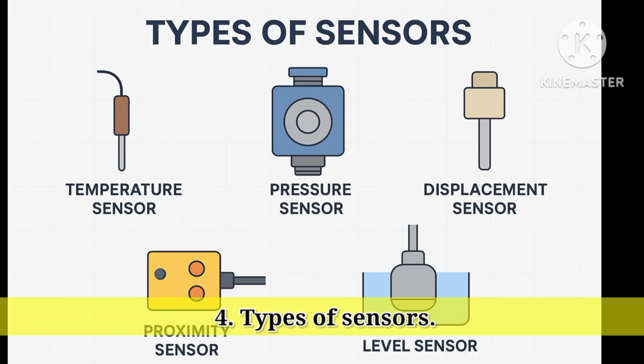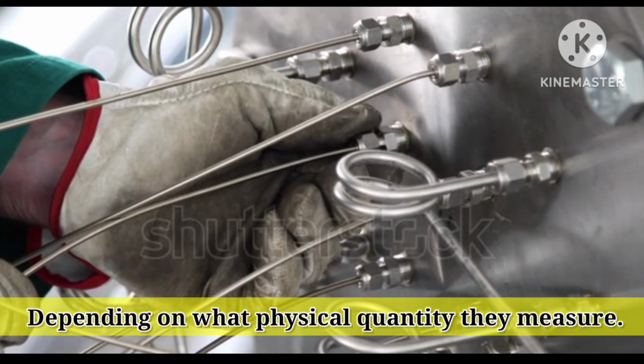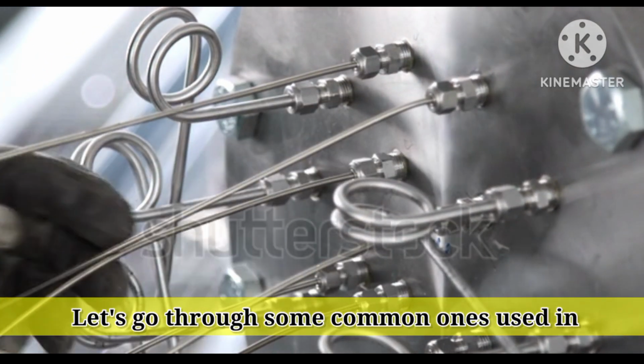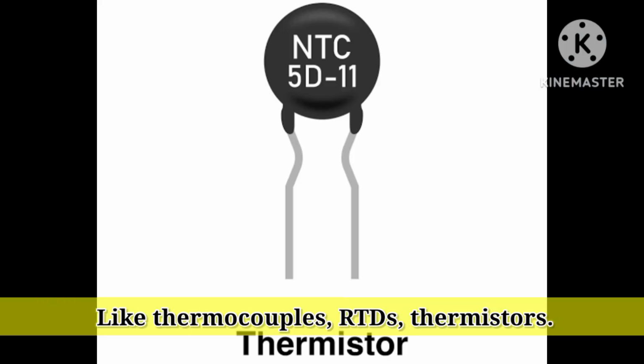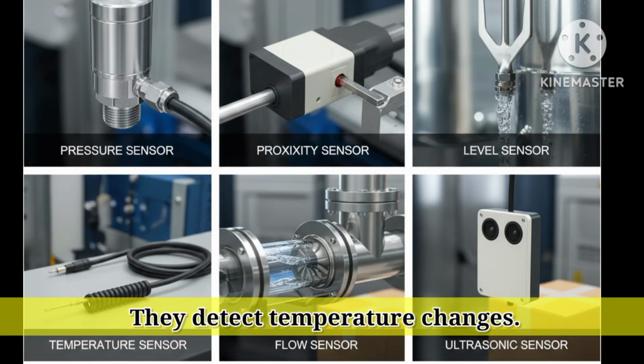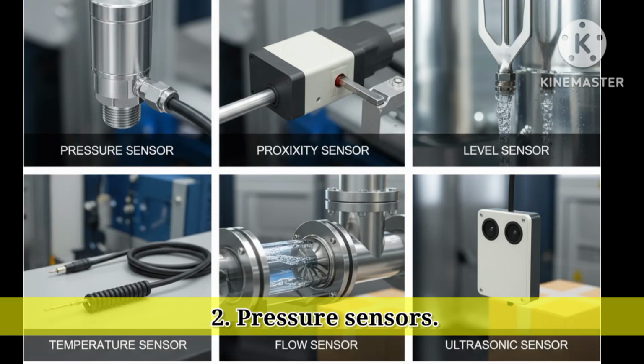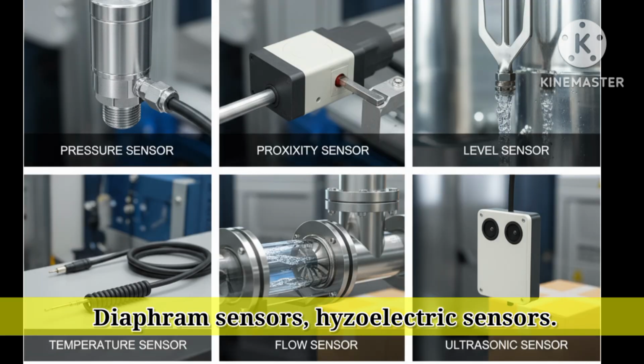4. Types of sensors. Depending on what physical quantity they measure, let's go through some common ones used in instrumentation. 1. Temperature sensors, like thermocouples, RTDs, thermistors. They detect temperature changes. 2. Pressure sensors: diaphragm sensors, piezoelectric sensors. 3.